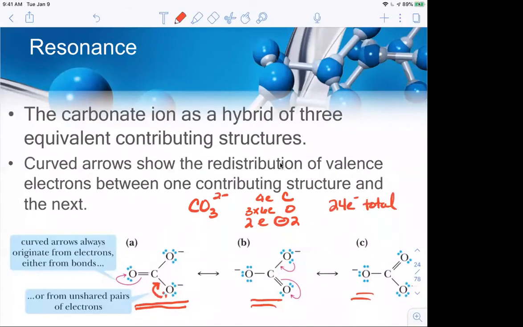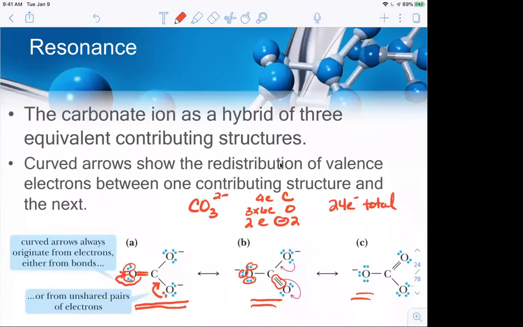If I move those electrons, that carbon atom will have too many electrons if something doesn't move out. So this bond, each one of those bonds is 2 electrons. 2 electrons from that double bond is going to go onto the oxygen. So now I have, instead of 2 lone pairs, 3 lone pairs, and then I have a double bond. That's the change.